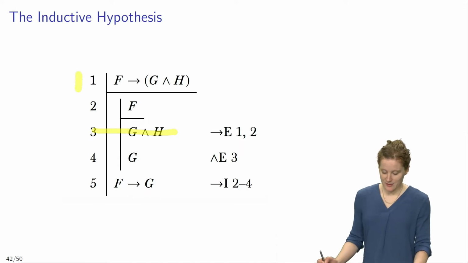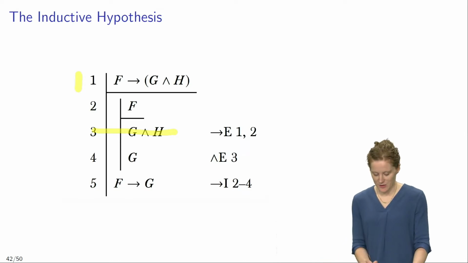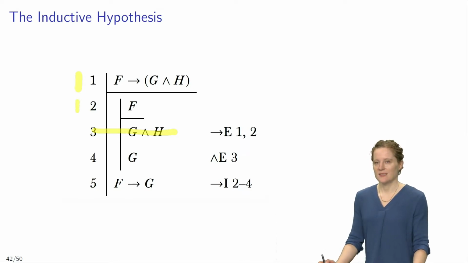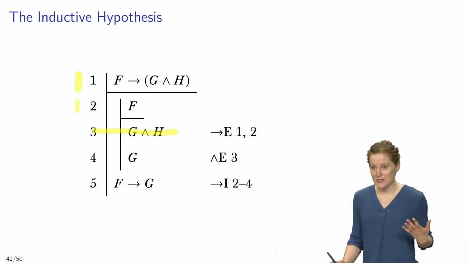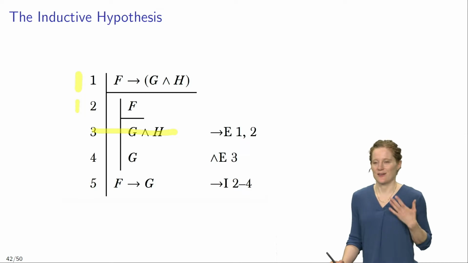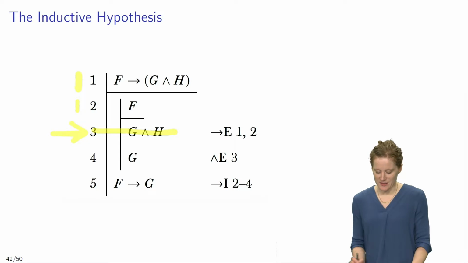The assumption that if F, then G and H, and the assumption that F. Since these two assumptions were introduced earlier in the proof. Now, according to our inductive hypothesis, or according to our supposition that proofs up until length 5 are tautologically valid, this line is tautologically valid as well.